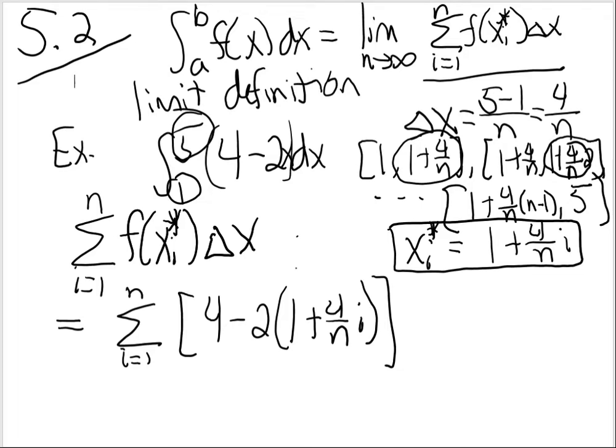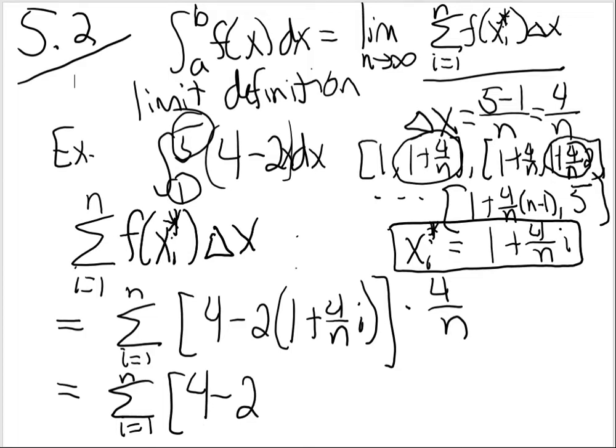Well, my delta x is 4 over n. And I can distribute everything. So it'll be 4 minus 2 minus 8 over n i, times 4 over n.